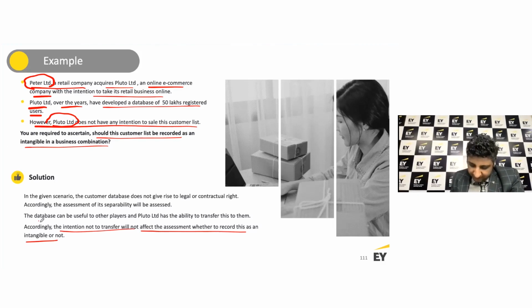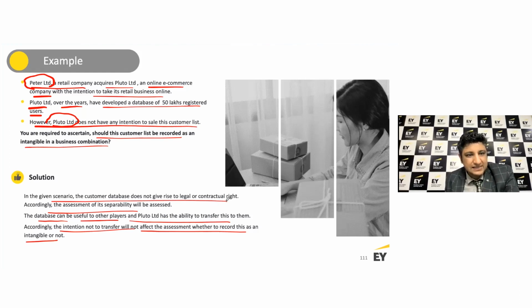However, the value of the database has to be assessed, and accordingly, whether this gives rise to some legal or contractual right is also a critical question to be able to bring that assessment, right?